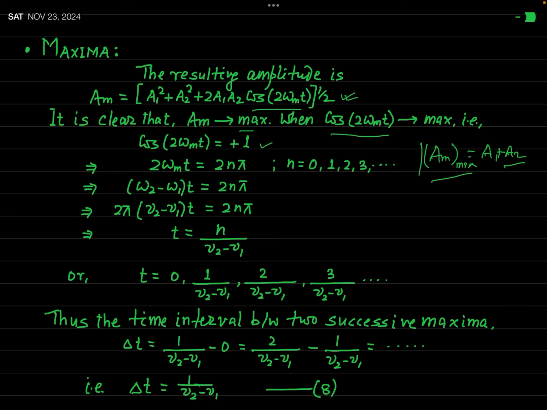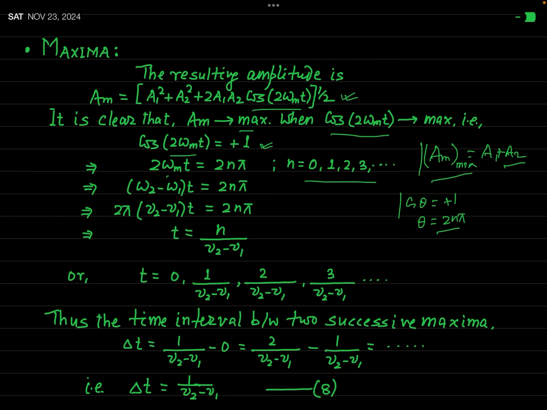But our prime aim here is to find those times at which the resulting amplitude is maximum. And for this, you have seen the mathematical condition is that cos of 2 omega m t should be equal to plus 1. But if cos theta is equal to plus 1, the general value of theta is 2n pi, where n is equal to 0, 1, 2, 3, 4 and so on.